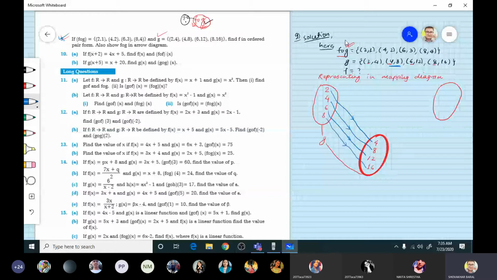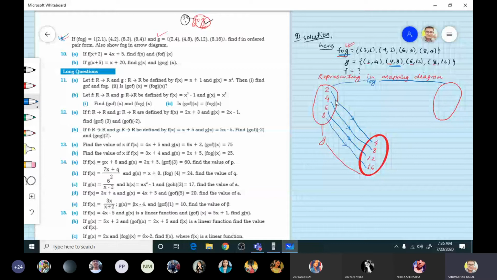Now, the other thing that is given is f composite g. f composite g is given, not function f. So let me insert the elements of the function f composite g. The domain of f composite g is already inserted here.